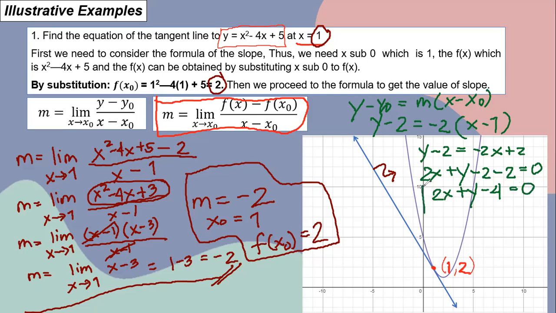So that's basically it. We have computed the tangent line to our given curve, which is the parabola. So this passes through the given point (1, 2). So that's how we compute the equation of the tangent line at a given point.